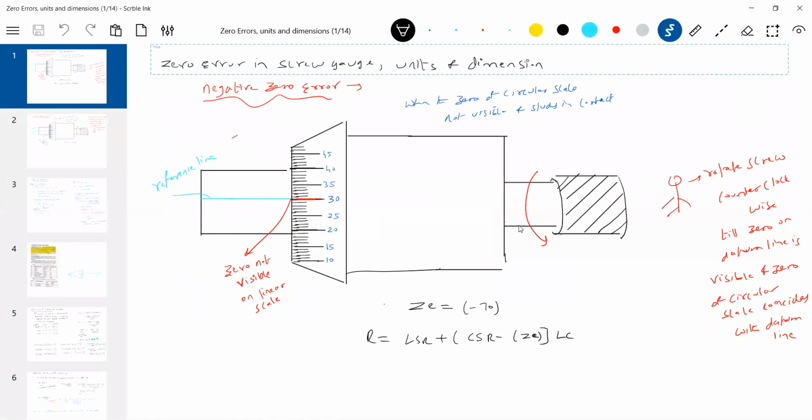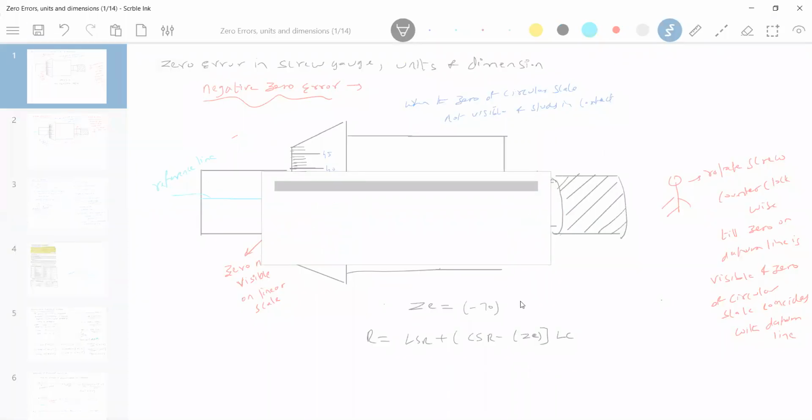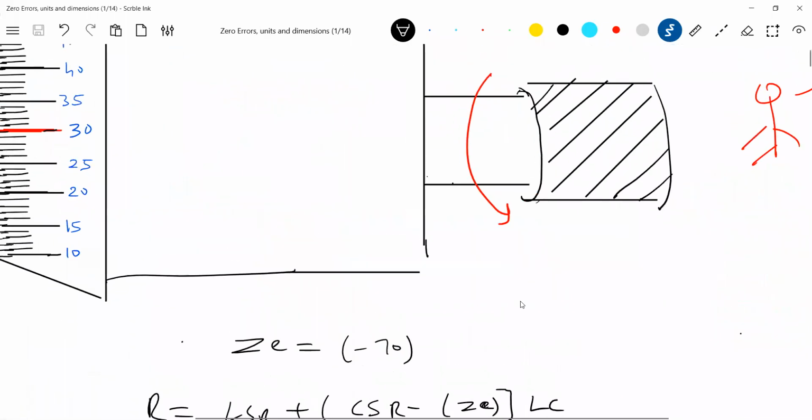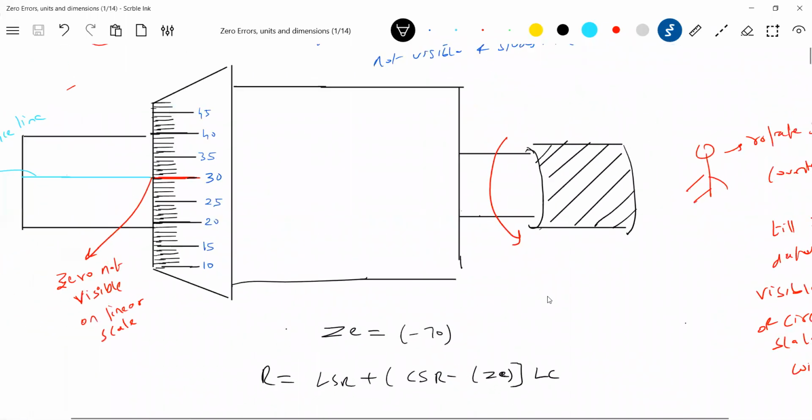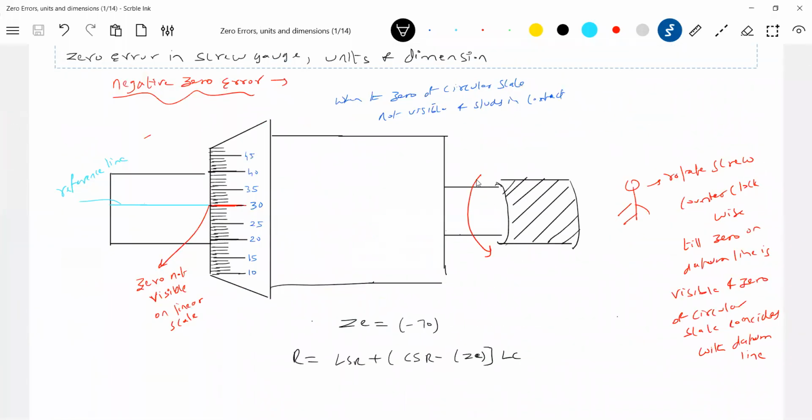The clockwise and anti-clockwise directions are something very important here. Are you seeing this?